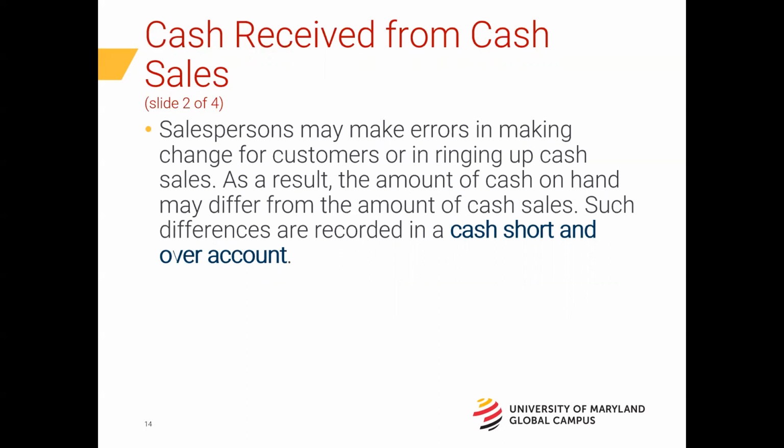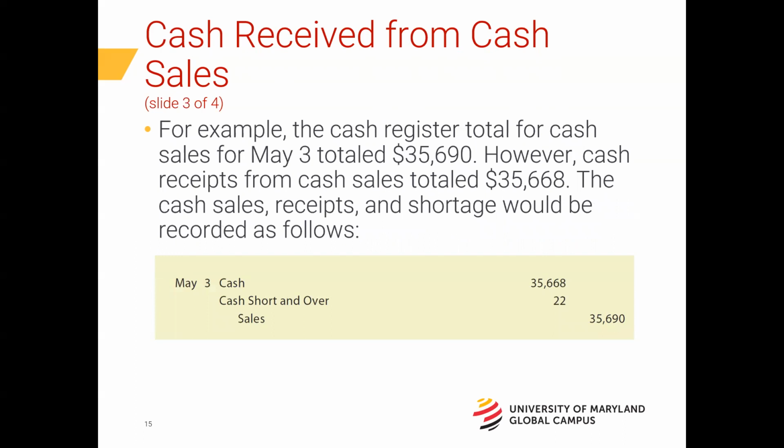When it's over, that means we forgot to give the customer their change back. When it's under or short, that means that we gave the customer too much change back, right? And that's what typically causes cash shortages and overages. Employers do not like that, by the way. So when something like that happens, it's usually not good for the employee.